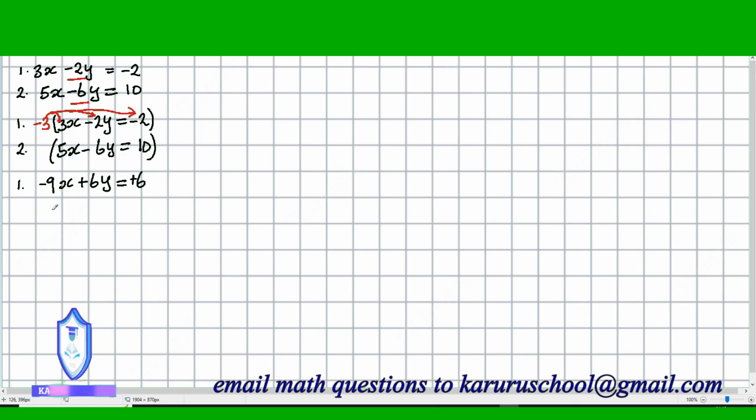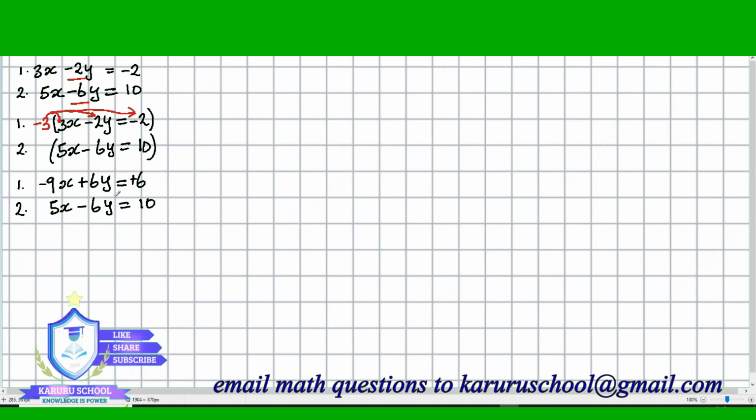And then the second equation remains as it is: 5x minus 6y equals 10. So realize that if we add these two equations, we will have 6y minus 6y, which will end up being 0. As a result, we will have eliminated the middle term in the two equations.